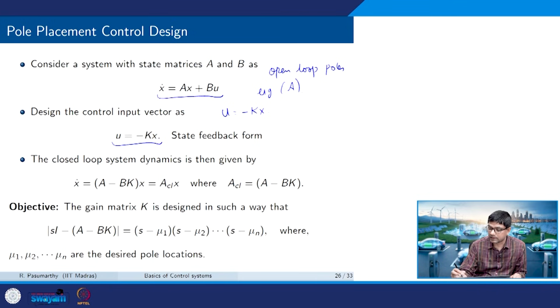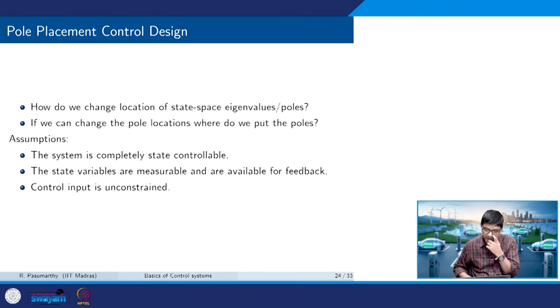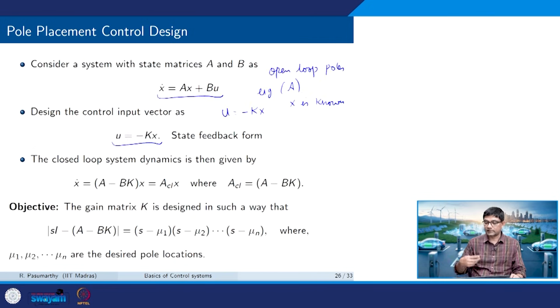Now here my assumption is that x is known at all times. Okay, that's what this statement here means, that the state variables are measurable and are available for feedback. Right, so x is measured, it is multiplied with K, which is my control law, and fed back to the plant.